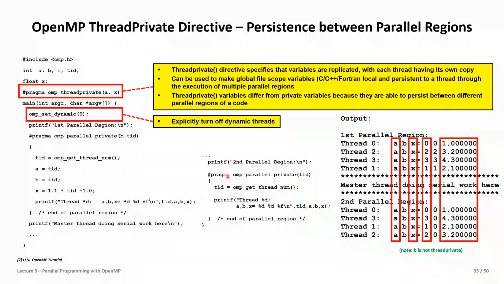So then we would print what happens here with the A and B. And because we don't really preserve this in the thread private, we see that this is all 0, right? So you see A, B, X, and so on here.